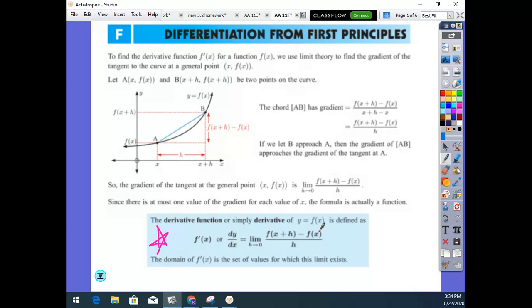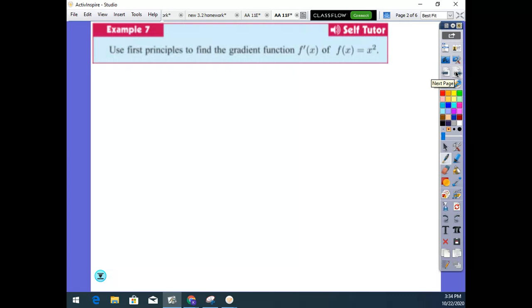So whenever we find the derivative, f prime of x, the derivative function is found using all of this. Okay, so they call that using first principles of the gradient function.